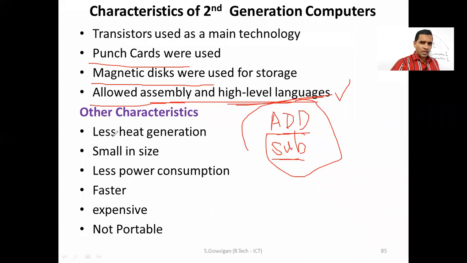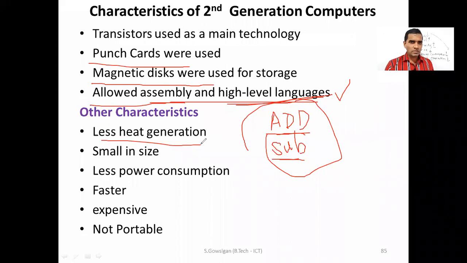Right, so look at the other characteristics. They are still the same, right? Sorry, not the same, something happened. Some of them increased and some of them decreased. Look here, I put less heat generation. Listen to me carefully. Even though I put less heat generation, it means the heat generation is less than the first generation.